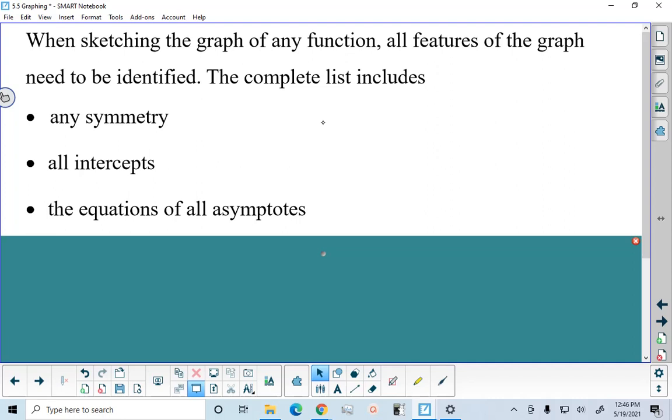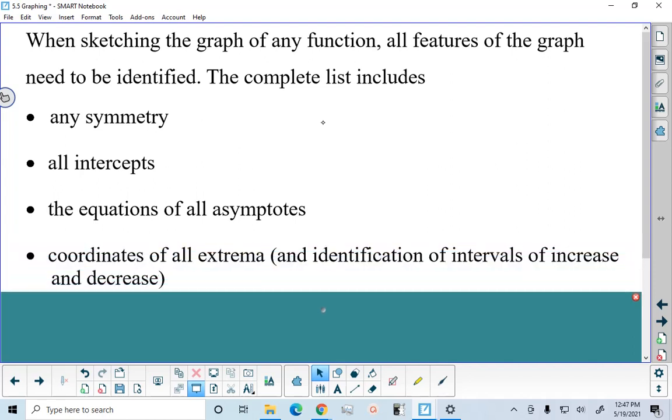As long as the function is rational, which means that expressed in simplest form, it's a polynomial or a variable over another polynomial or a variable, then you have to consider asymptotes. If there are no fractions involved that are variable, then there are no asymptotes.